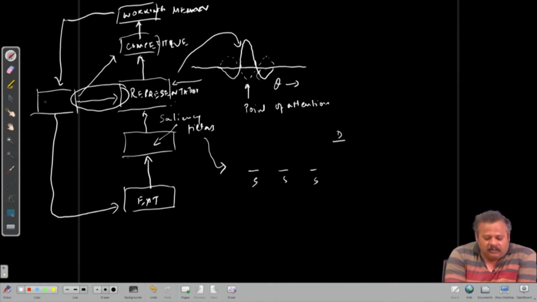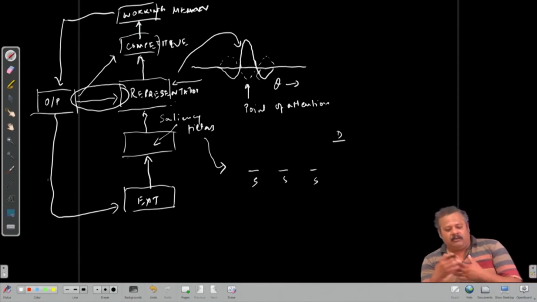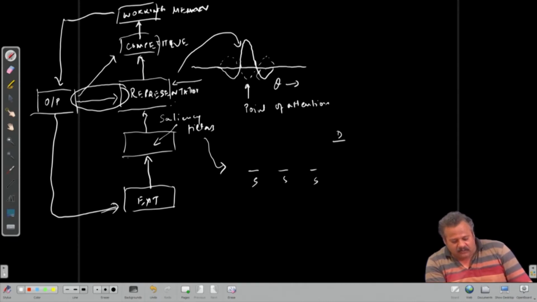So, here one is the output control. For example, if we have a siren, we immediately look towards the door to see if something has happened, and that is providing a motor output that we want to use to interact with the external world, and that is what we mean by this.